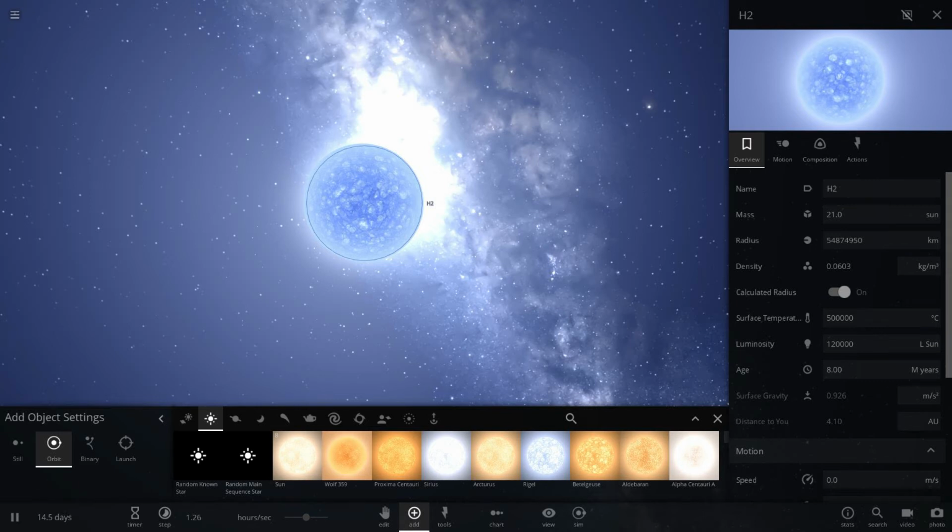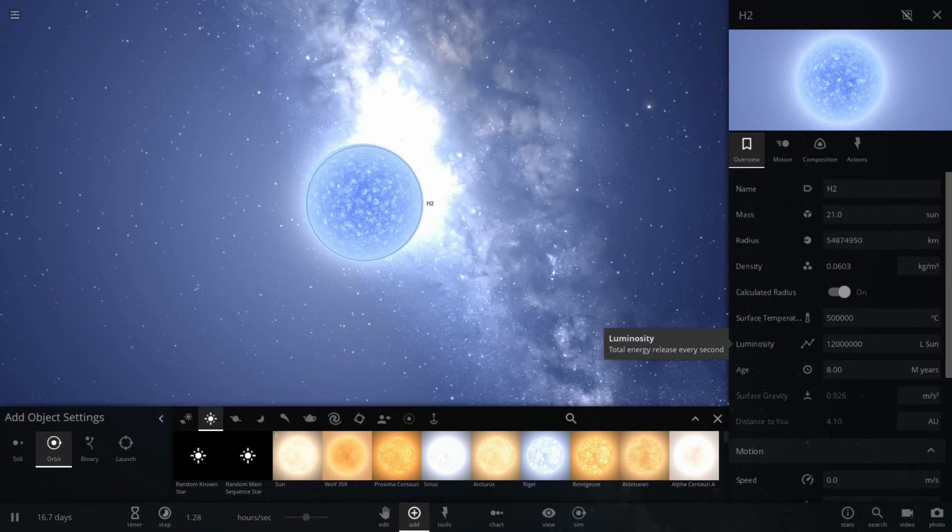It will probably be the most luminous object in the universe. Not really, because quasars and galaxies are more luminous. That's 12 million times the energy the sun gives out a second?